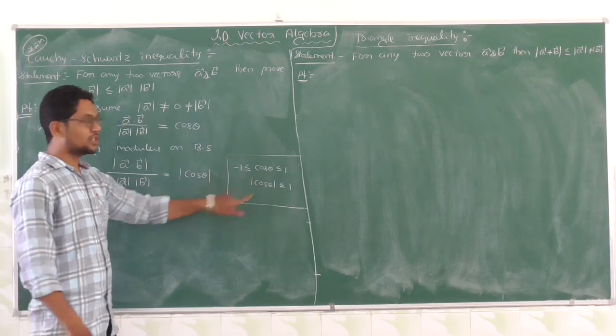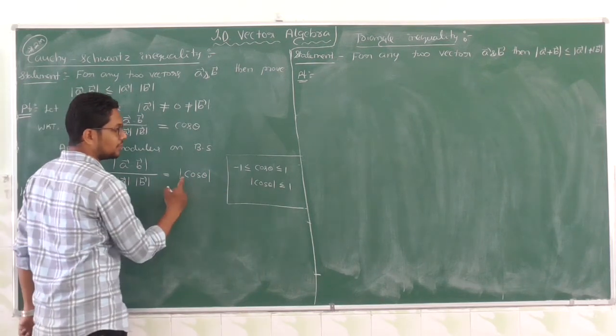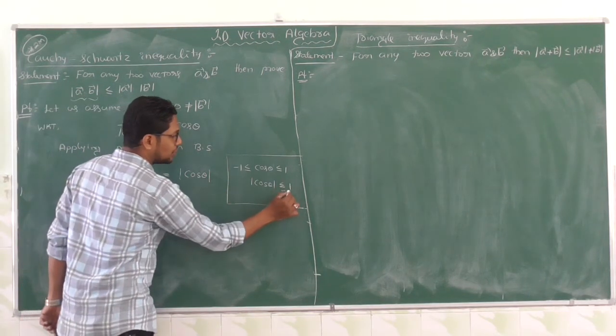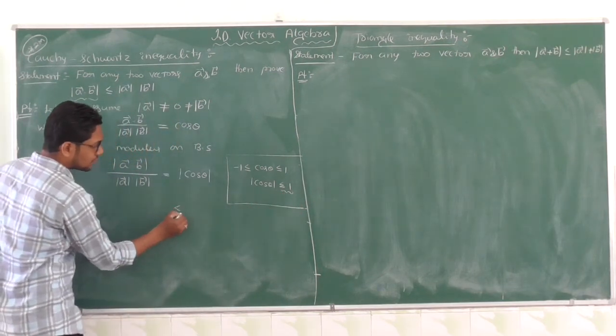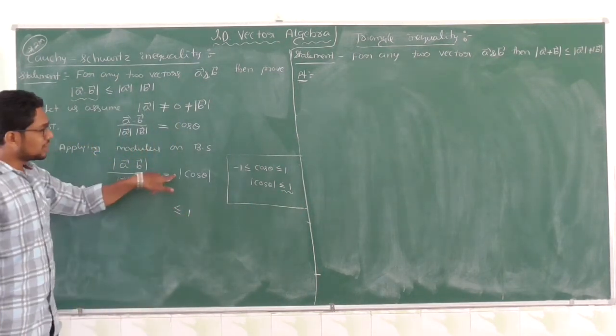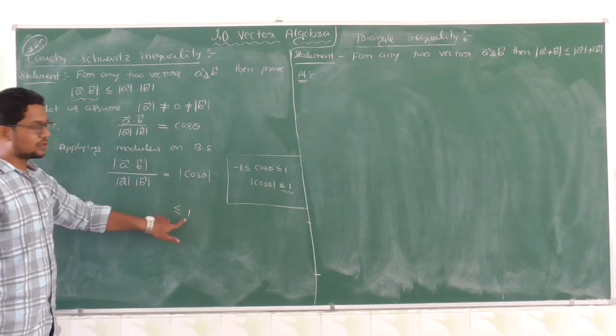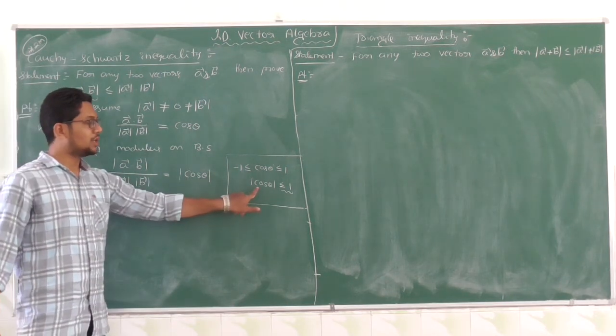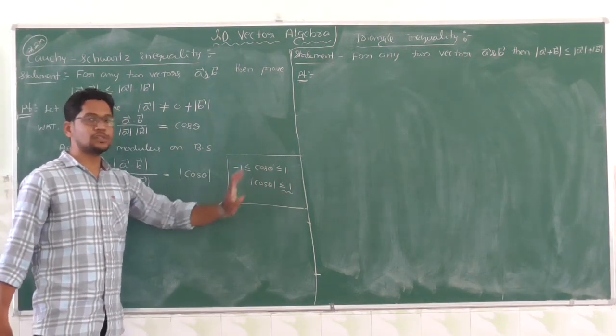By using this condition, in place of modulus of cos theta, I am going to write less than or equal to 1, because modulus of cos theta is less than or equal to 1.